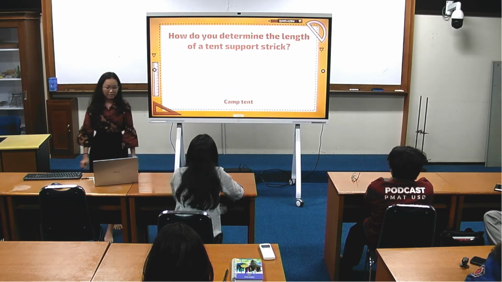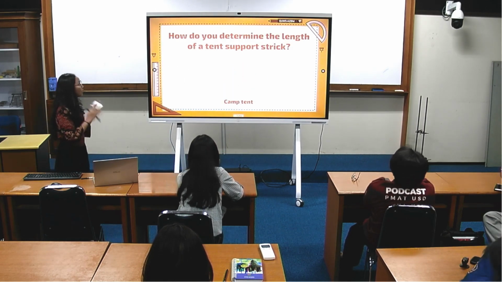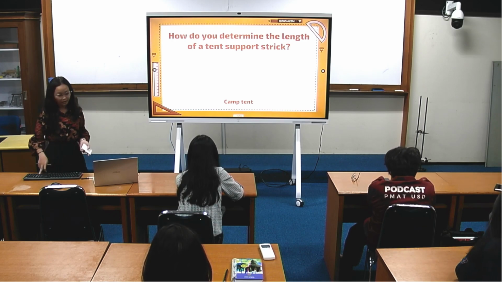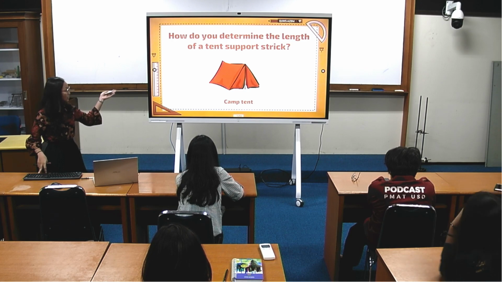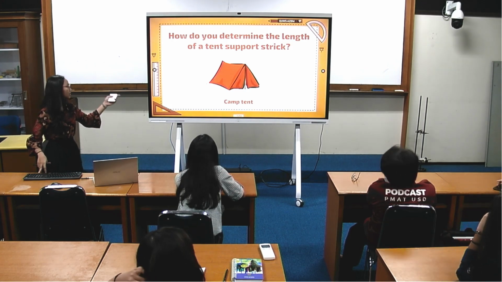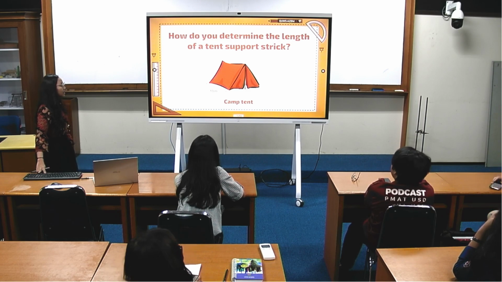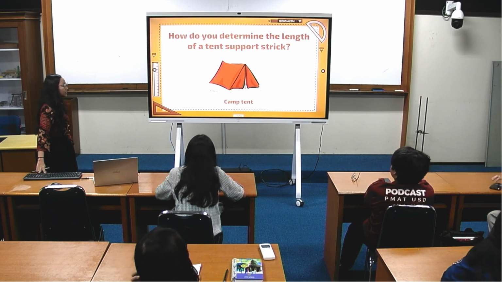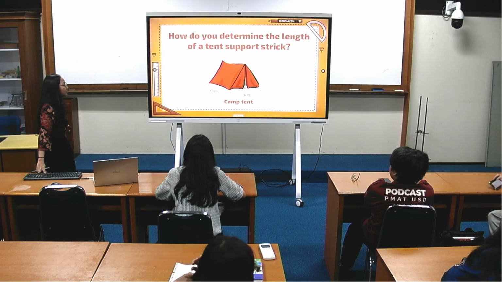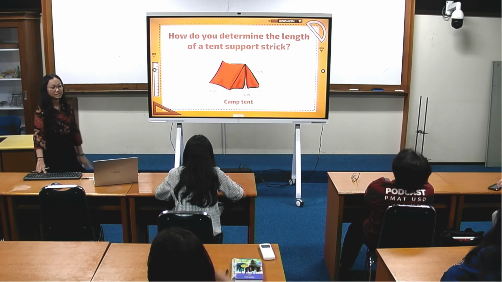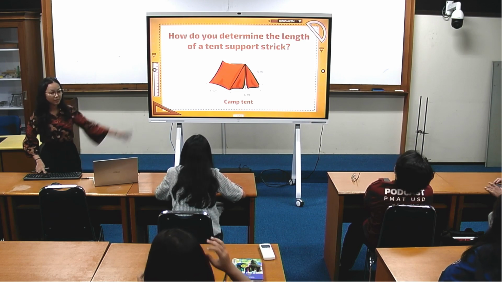Okay. How do you determine the length of a tent support stick? If the length of the tent is 10 meters, the width of the tent is 6 meters, and the hypotenuse of the tent is 5 meters. Can anyone solve this problem?